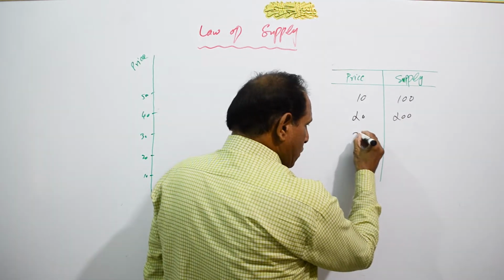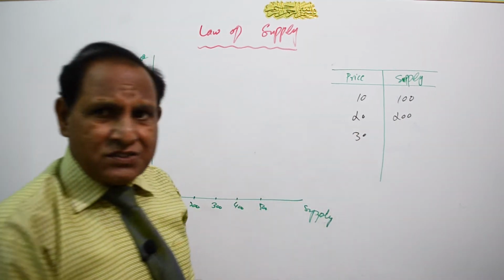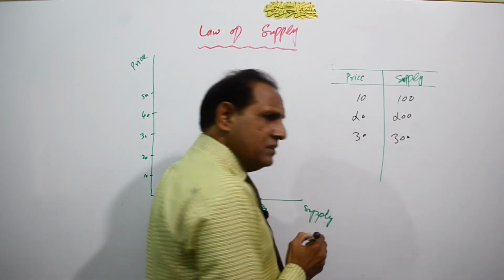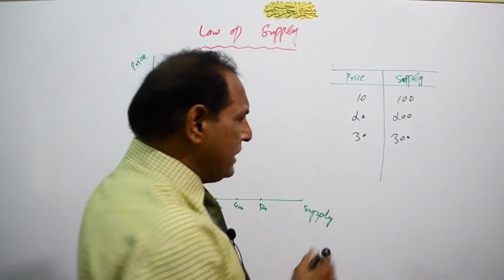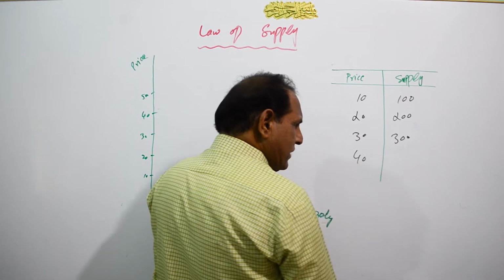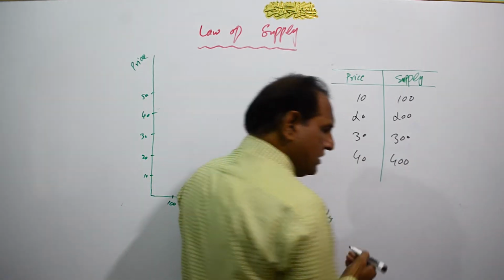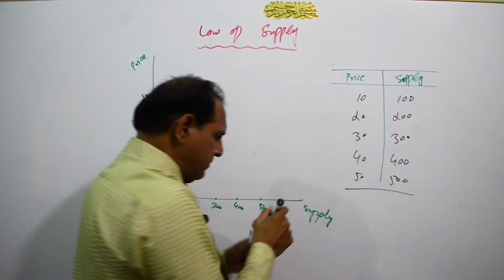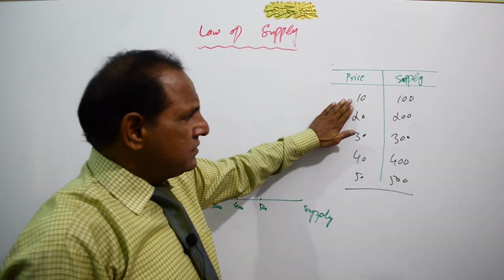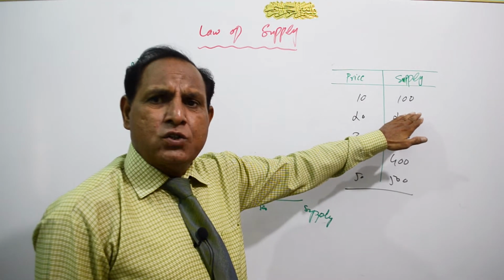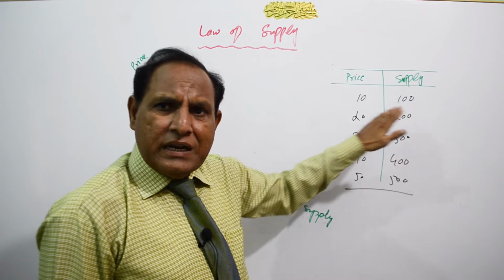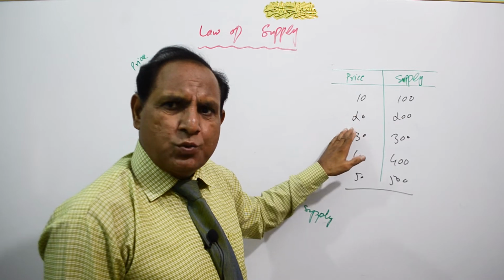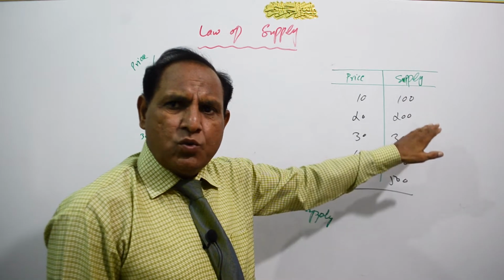And once more, if we increase the price of the good, the supply for that good will also increase, and that will reach 300 units. And if the price once again increases, its supply once again will increase, and so on. Let's see. At rupees 10, there are 100 shopkeepers to supply the good, and when the price reaches 20 rupees, the supply for that good will also increase.